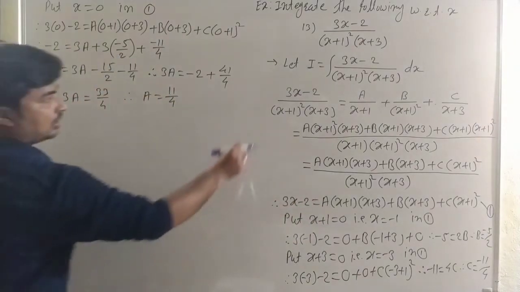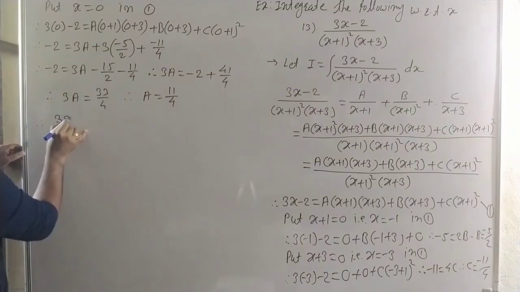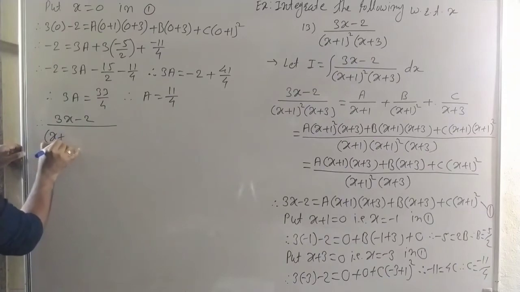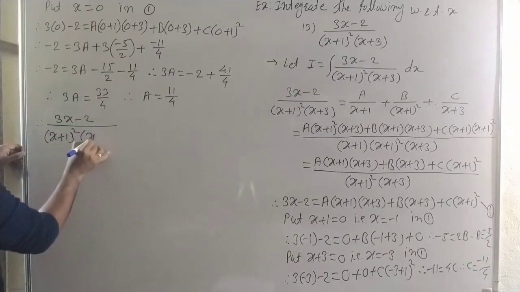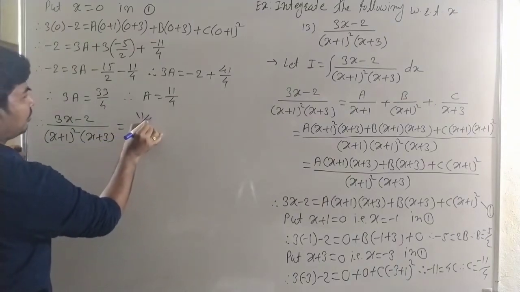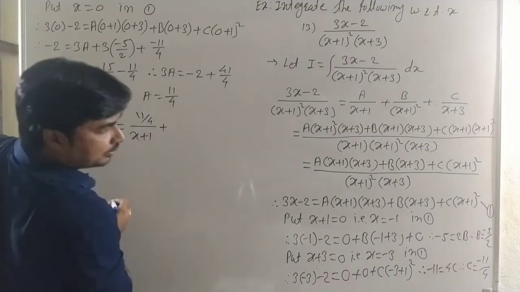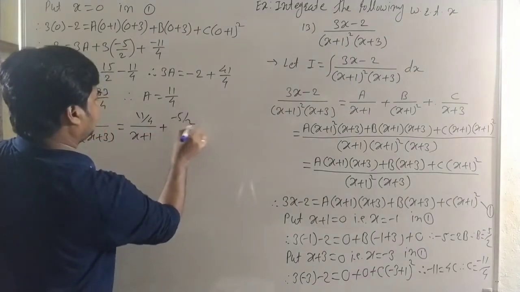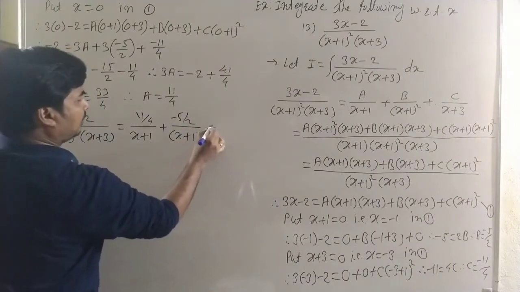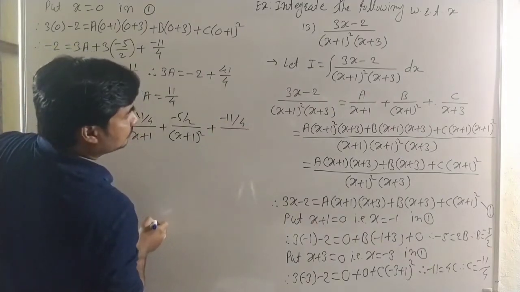Now this can be written as 3x minus 2 upon x plus 1 whole square into x plus 3 is equal to a upon x plus 1, that is 11 by 4 upon x plus 1, plus b, it is minus 5 by 2 upon x plus 1 square, and plus minus 11 by 4 upon x plus 3.